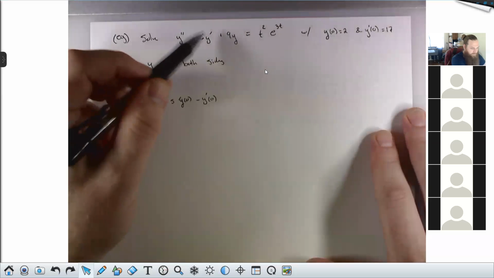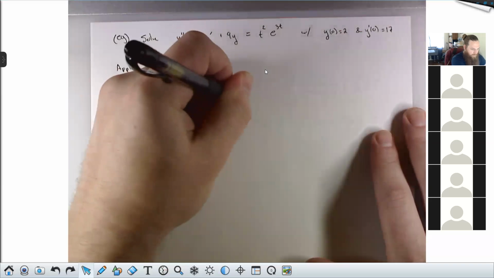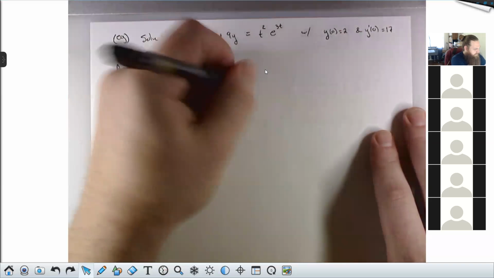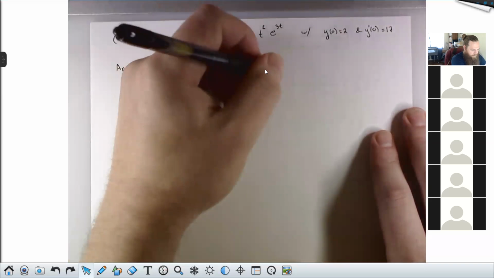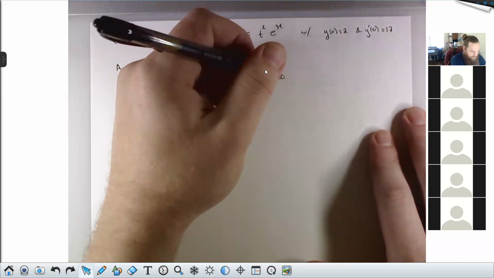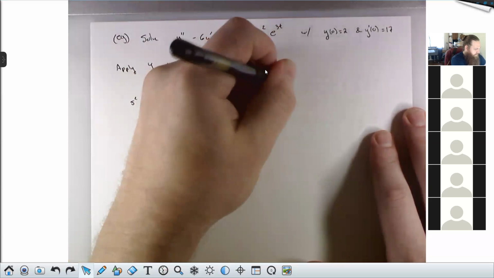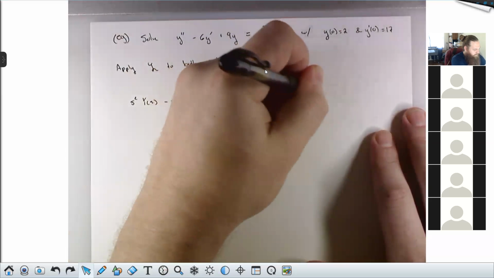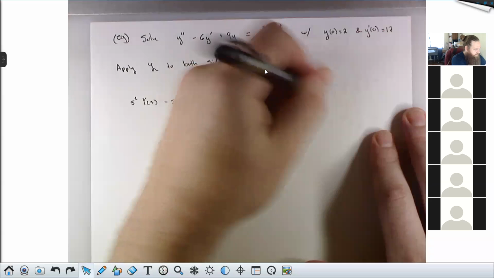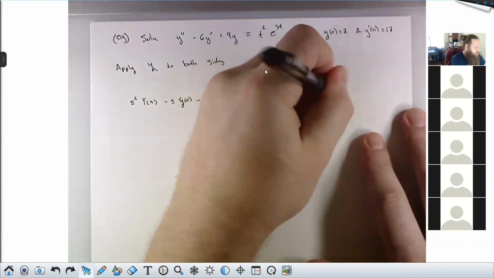And then you have minus 6 times s Y of s minus y of 0. And then plus 9 copies of the Laplace transform of little y, which is Y of s, 9 Y of s, equals the Laplace transform of the right-hand side.